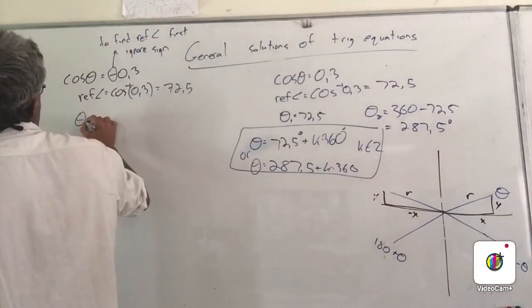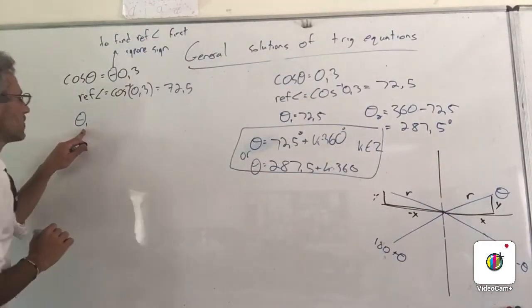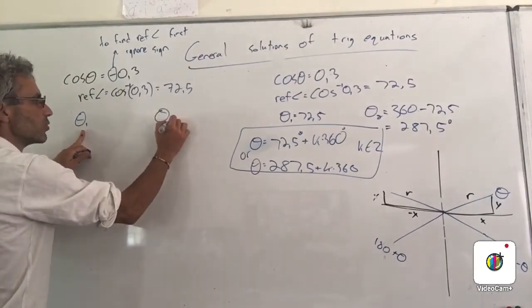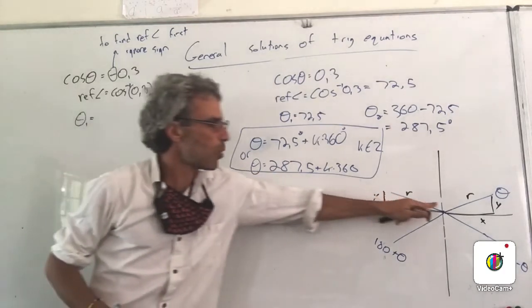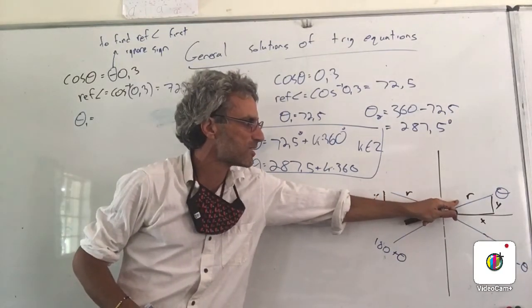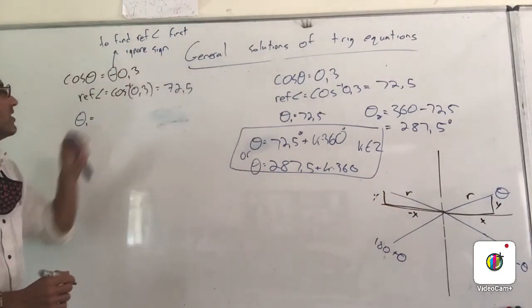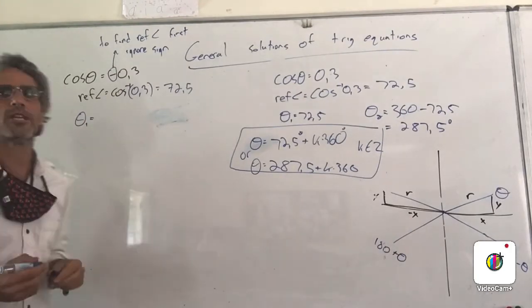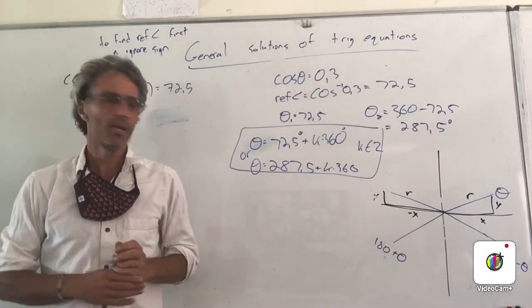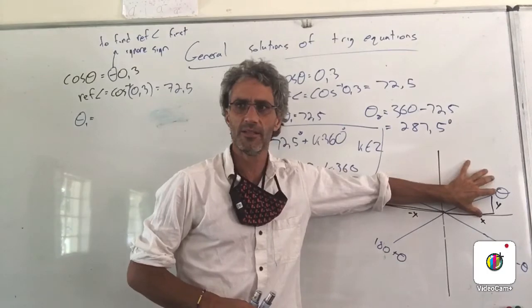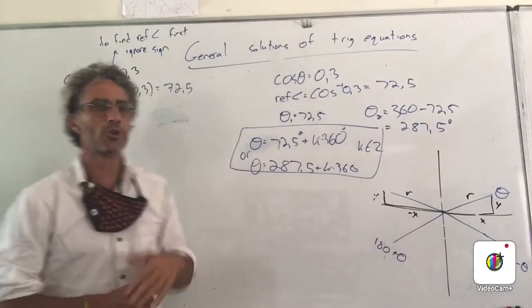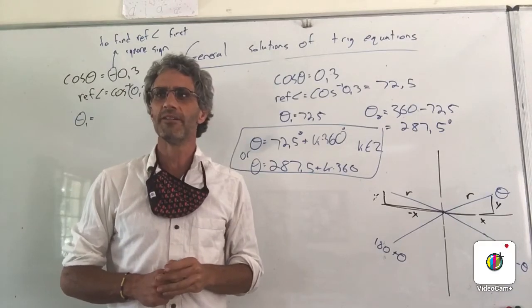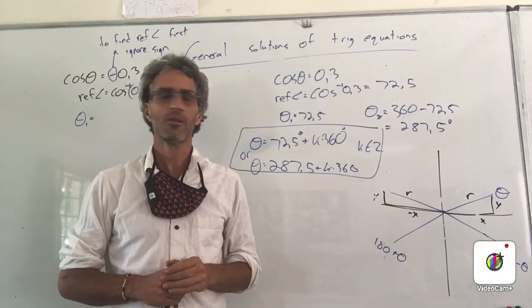How would I find my solution? I've got two kinds of solution. Okay, let's write the first one. It's not going to be 72,5 because here cos is positive and it should be negative. So 72,5 is here. My cos is negative. Which quadrant will my solutions live in? 3 or 2.